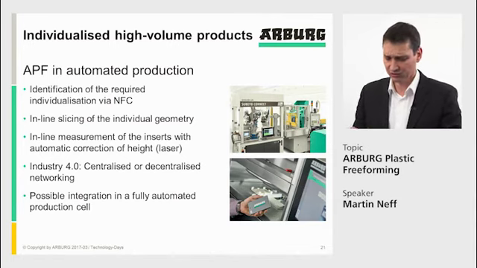We have taken this luggage tag, and this high volume part should get individually further improved. A customer can select different symbols according to their wishes. It can also be some other symbols; we just have chosen those.